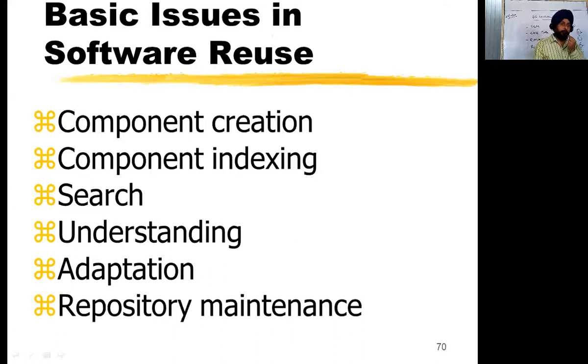Then the indexing of the component, and the searching: you have to search what can be reused and what cannot. You have to understand this and adapt to the current situation. If you adapt to the current situation, then you are very open to reuse. And you have to maintain the repository and all the documentation, and from there you can see what can be reused or what cannot.